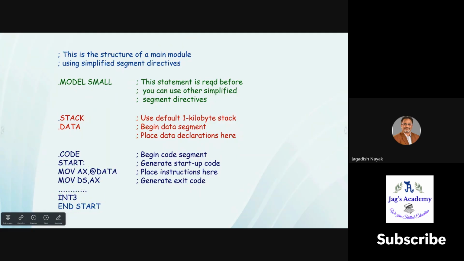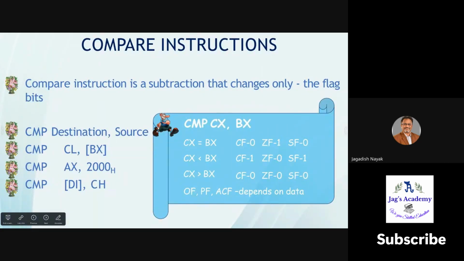Okay, fine. Next we'll continue our study of instructions: compare instructions. You must have seen the compare instruction, right? CMP. Comparison is very important for good programming, because only by comparing can you take decisions.